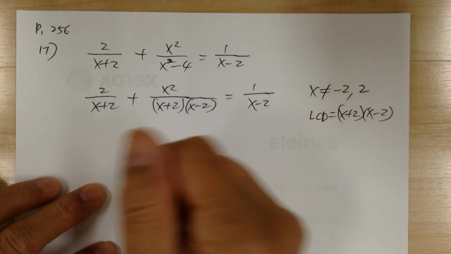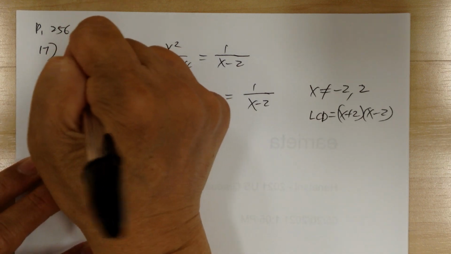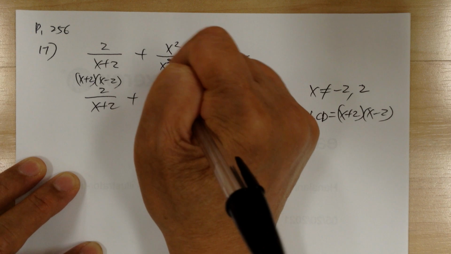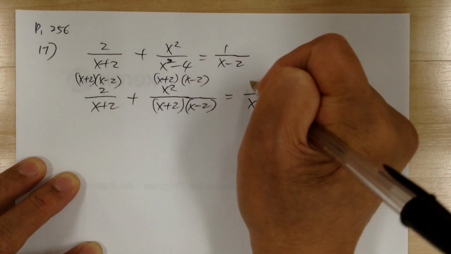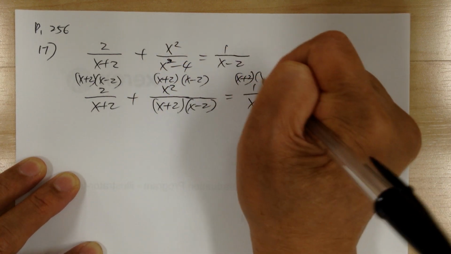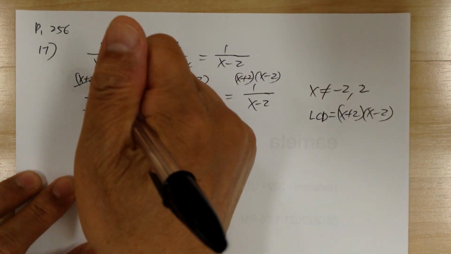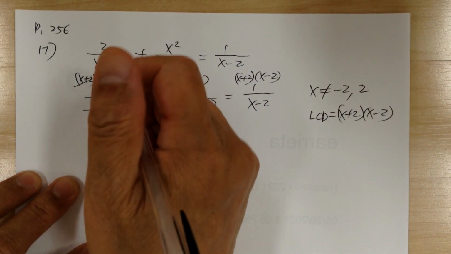So let's go and multiply by the LCD. This one we cancel out, and you multiply the remaining factors.